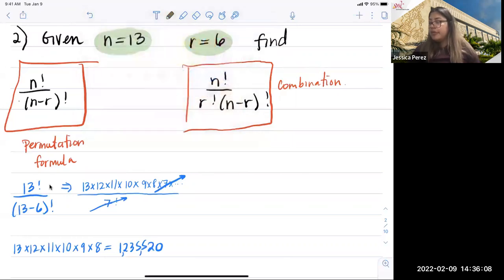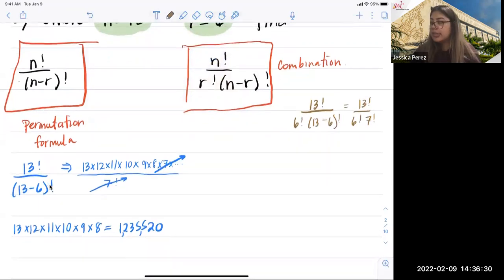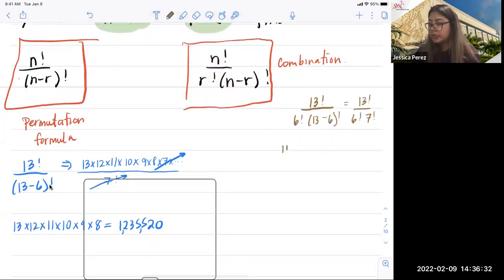So if you plug it in versus a combination, that's 13 factorial over R, which is 6 factorial, times 13 minus 6 factorial. Again, you get 13 factorial, a 6 factorial and a 7 factorial. So it's going to act the same.